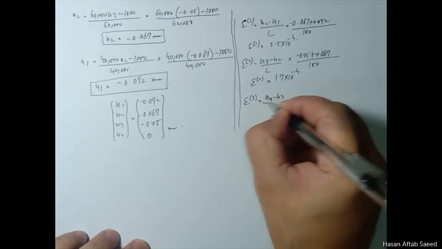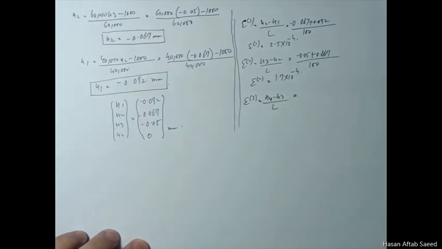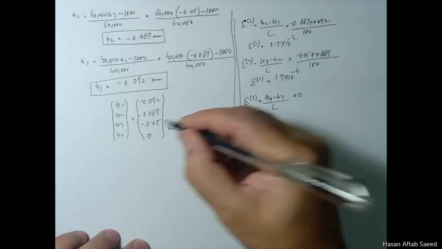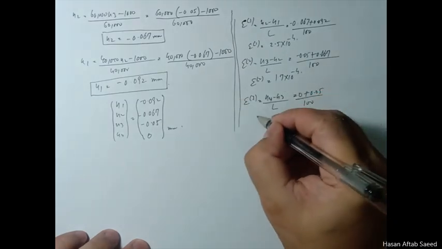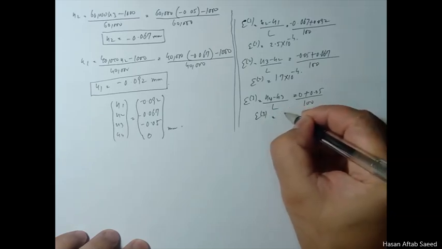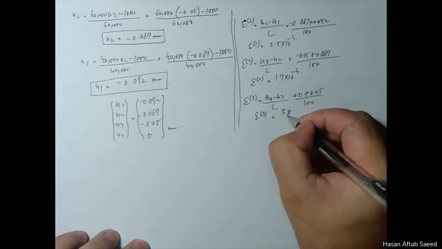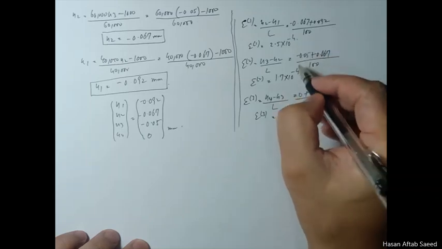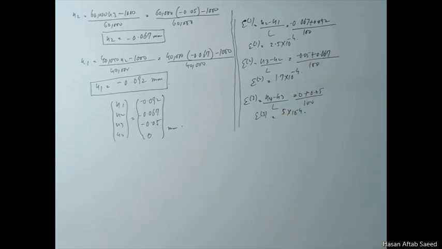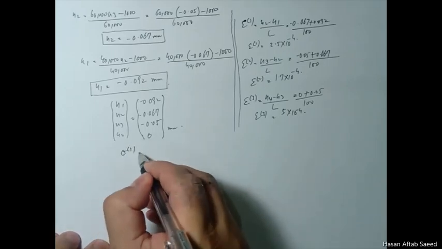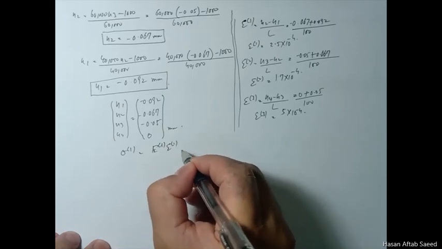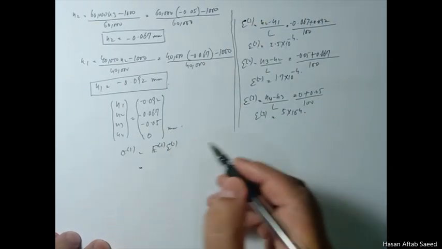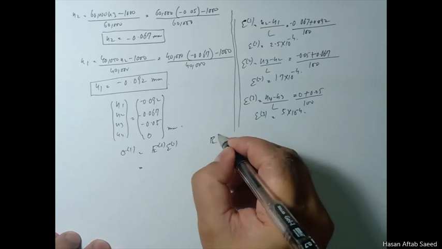u4 minus u3 over L. Now u4 was 0, minus sign plus 0.05 over 100, and epsilon 3 is basically 5 into 10 raised to the power minus 4. These are dimensionless quantities. Now sigma 1 is equal to Young's modulus and epsilon 1. You just multiply this with epsilon 1.